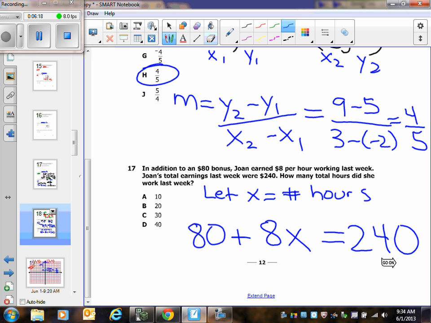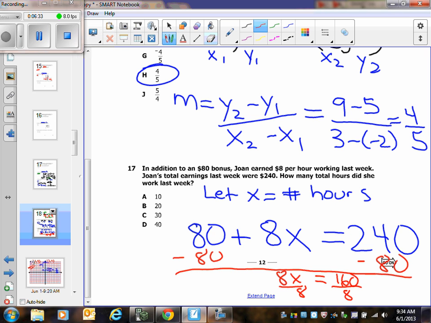So this is the way you could have done it algebraically. Subtract 80 on both sides, and you get that 8x is equal to 160, and then divide both sides by 8, and we still get our answer of x is equal to 20.